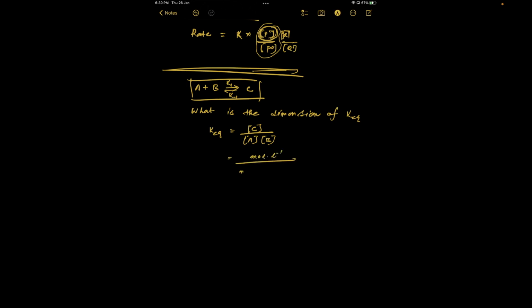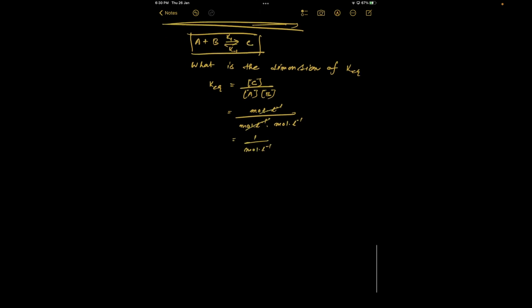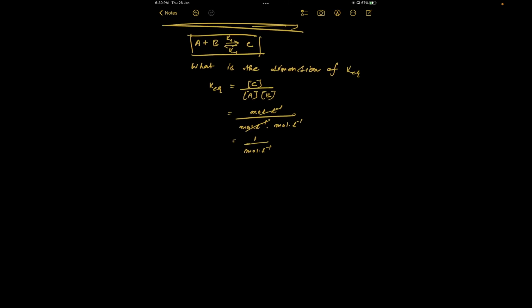Concentration of A is also mole liter inverse, and concentration of B is also mole liter inverse. So you get the unit of K equilibrium as 1 upon mole liter inverse, right? One mole liter inverse should cancel and 1 will remain.